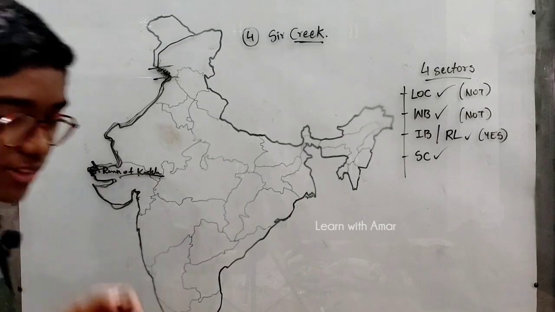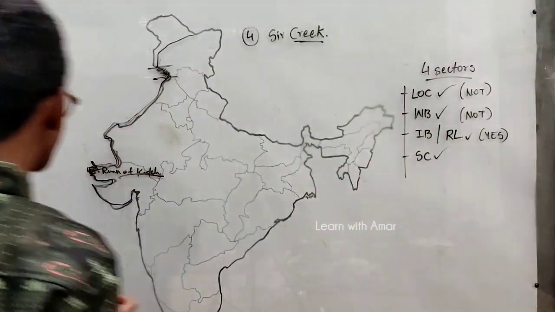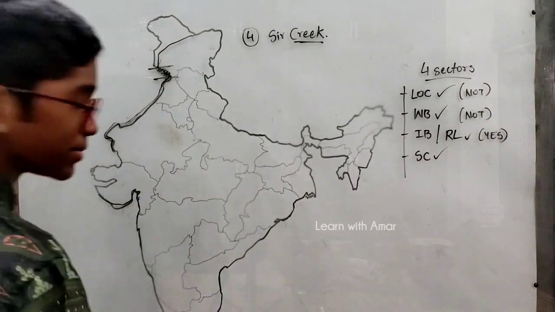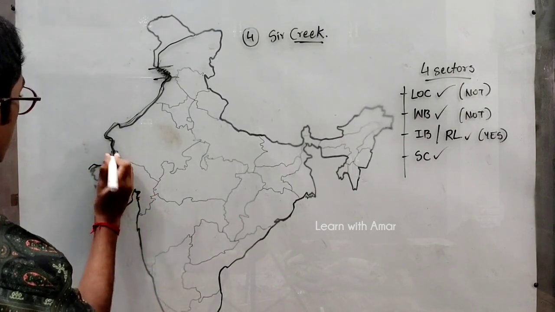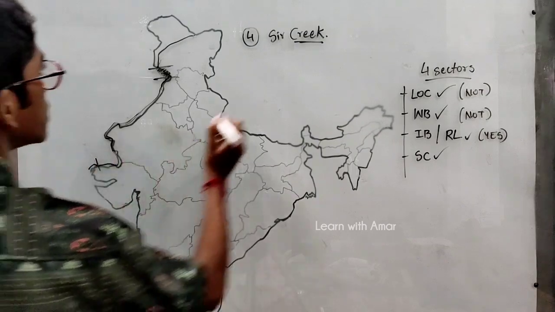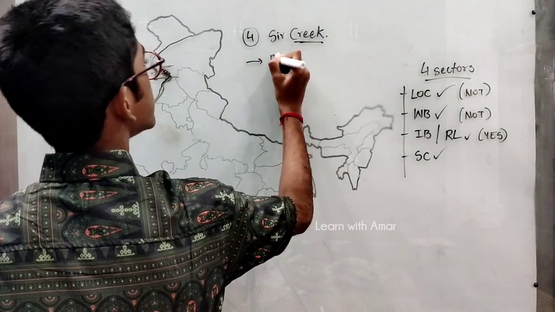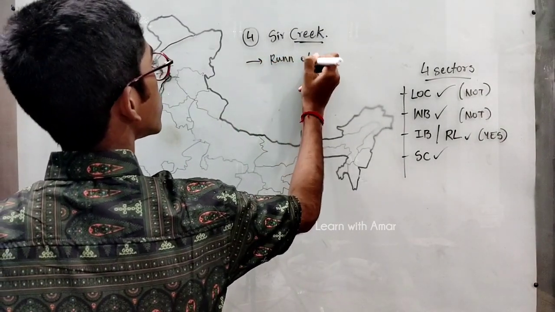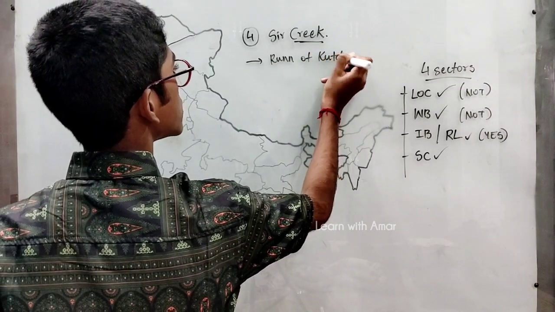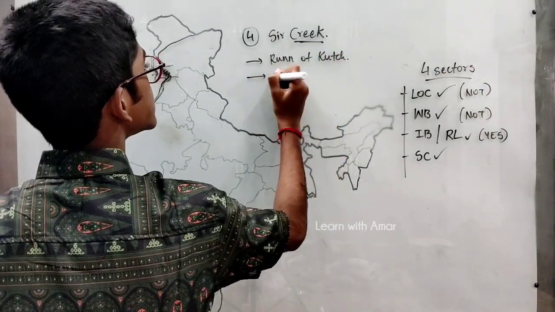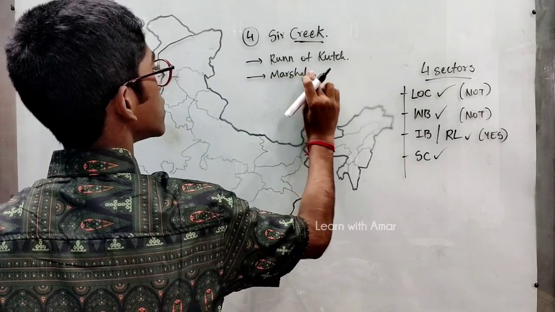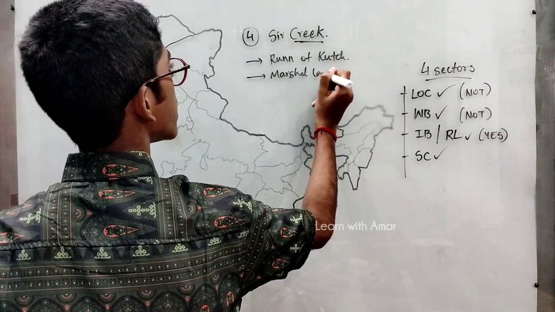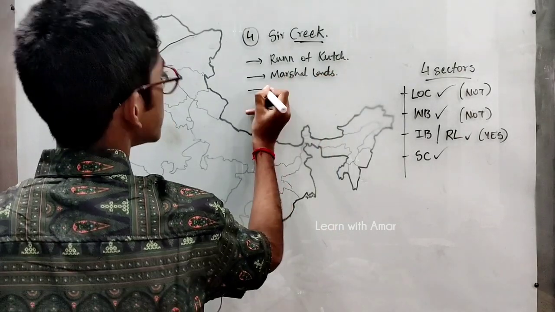So here we find marshy lands. Let me directly write it here. This is a division. Okay, it is located near Rann of Kutch, and these are marshy lands. Alright.